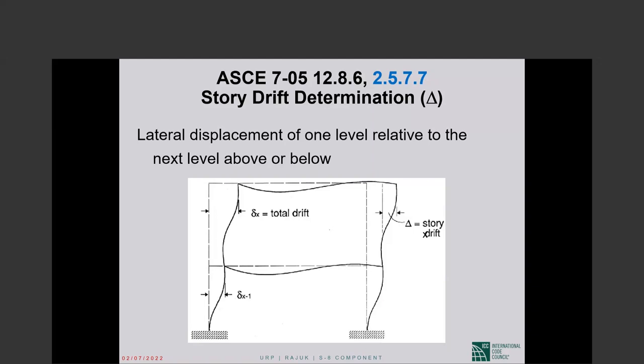So the drift check has to do with controlling property damage and to make it more likely that the structure will go on functioning during and following an earthquake. This is beyond life safety.